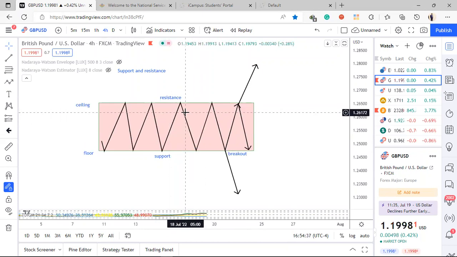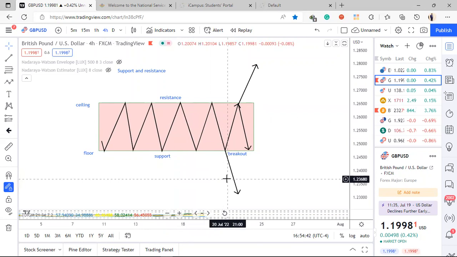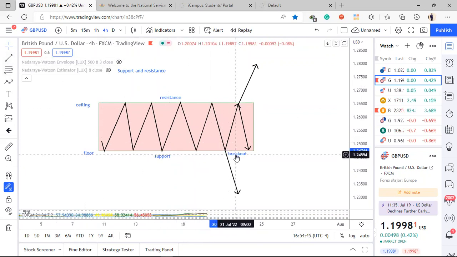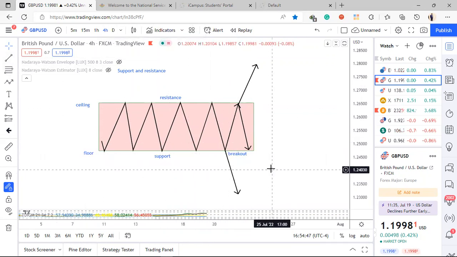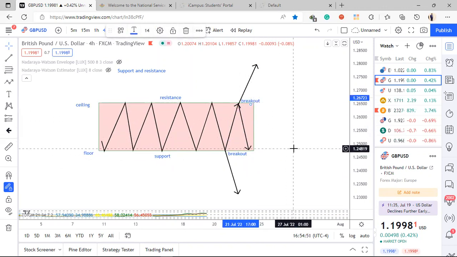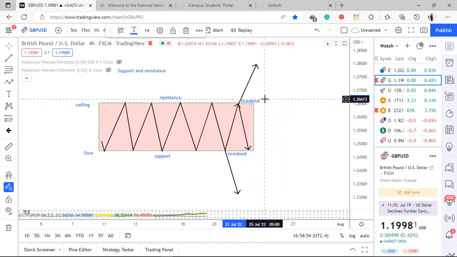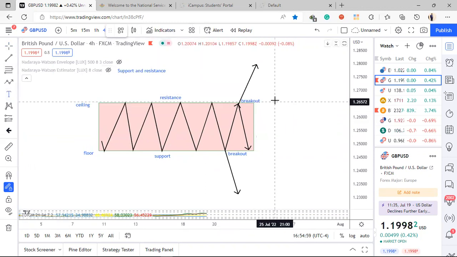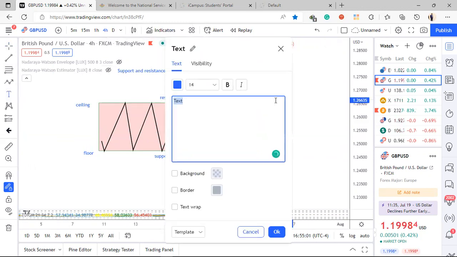So anytime a support is broken, we say there's a breakout. Anytime a resistance is broken, we say there is a breakout. Now, whenever there is a breakout, it also means that the resistance is violated.